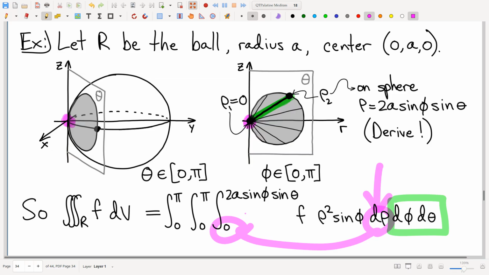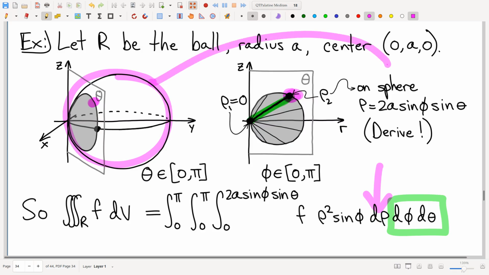Gotta love it when that happens. And then the last value of rho is going to be there. What you have to keep in mind is that what we see on our redrawn theta slice is actually on the actual theta slice on our actual solid. So that point is actually that point, which you'll notice is on the sphere.